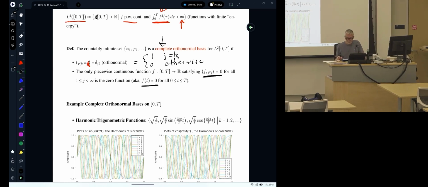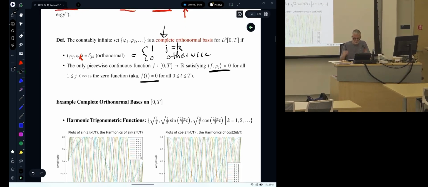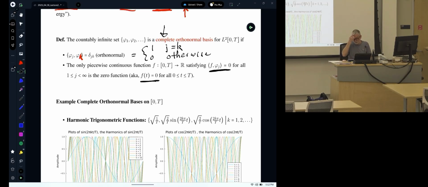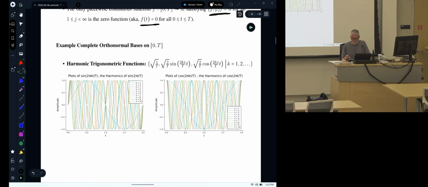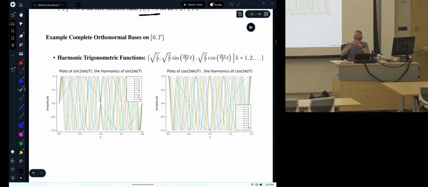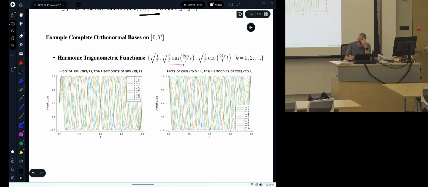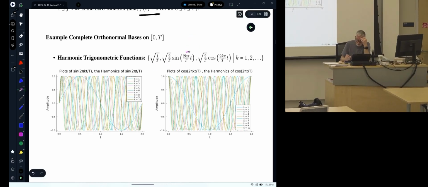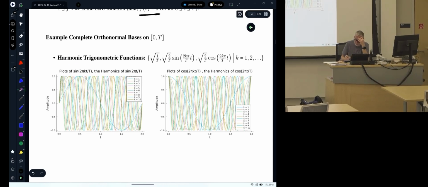So building these things, we could build a complete orthonormal basis starting from the monomials, and that's been done. And so here's some of the standard ones, and the one that we used in our Fourier series. You take a constant to get rid of the average value of the function, and then you take sines, and the key thing is that these are harmonics because we've got multiples of the fundamental frequency.